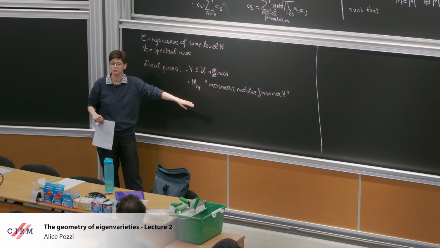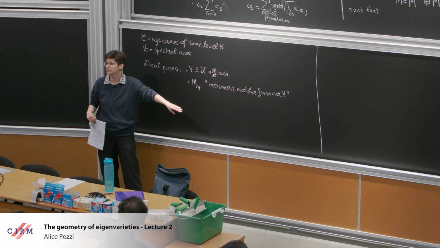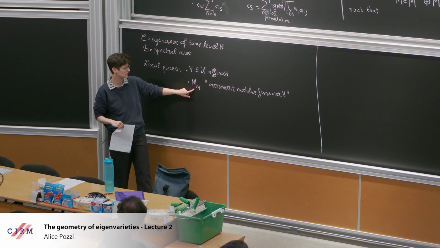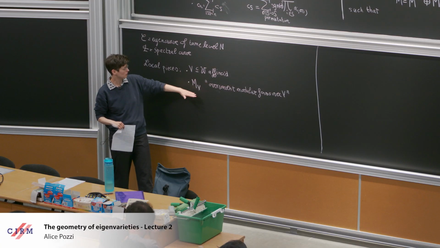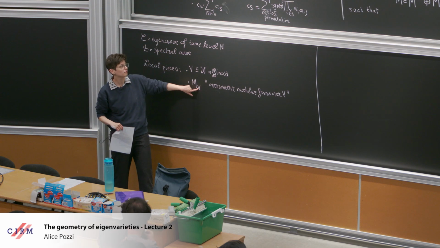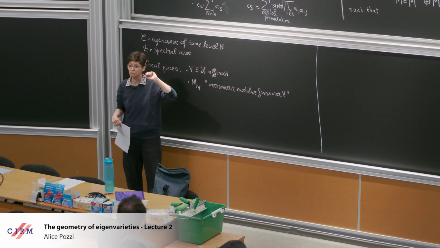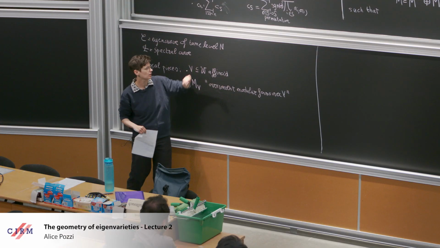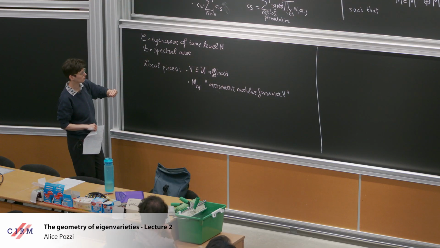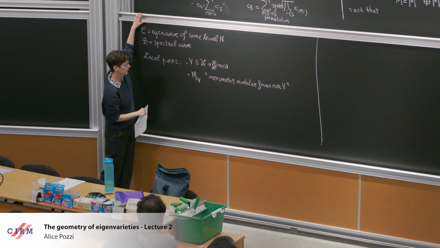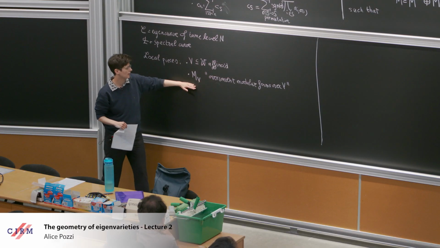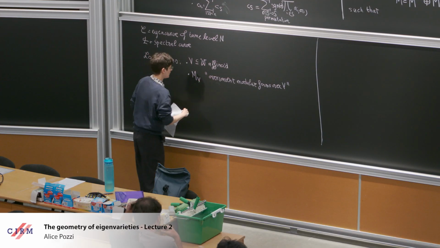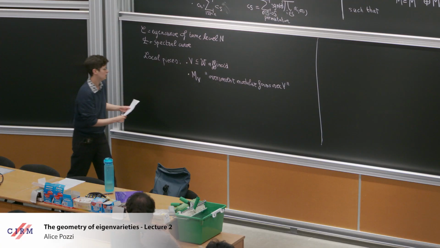Vincent promised that he was going to talk about this. So how to make sense of this space of modular forms for weights that are not the classical weights that we described yesterday, so they don't correspond to an integer weight k. But let's believe that one can do this and sort of do this in families as well.